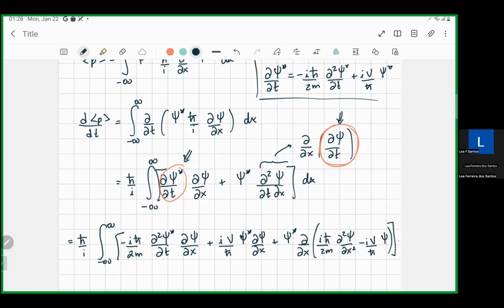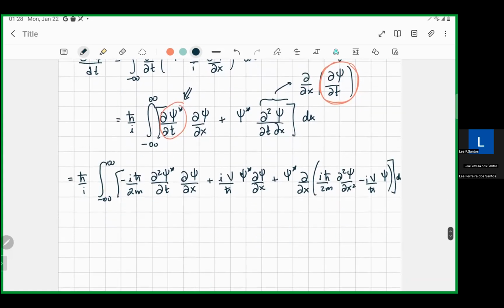And that's it. Okay, so we have four terms. And look, there is a derivative here that can perhaps give us even more terms. If I apply it here, there is a potential dependent on x, also the psi, so I will get two more terms. So I'll have 1, 2, 3, 4, 5 terms to play with.